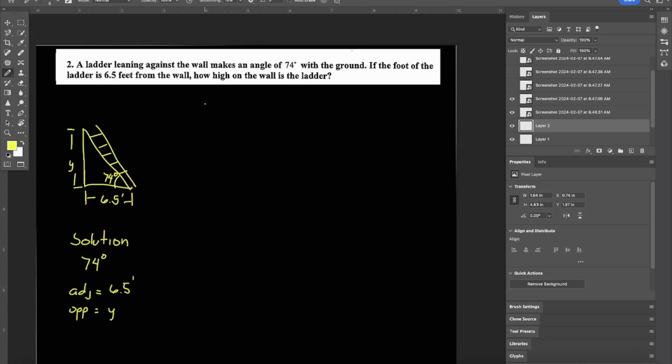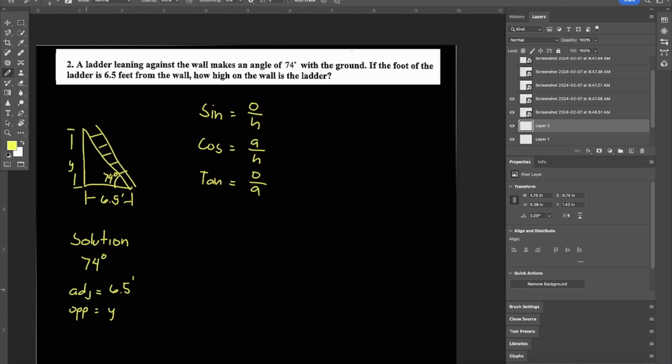Now, if we try to review again our three basic trigonometric functions, we have our sine, which is opposite over your hypotenuse. Your cosine is your adjacent over your hypotenuse. And your tangent, which is equal to your opposite over your adjacent.